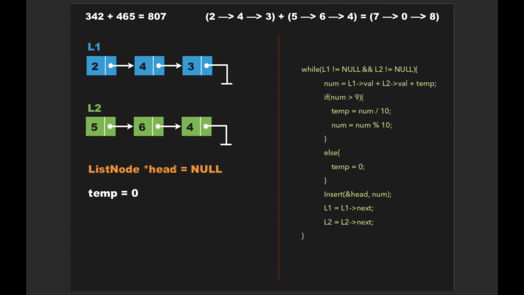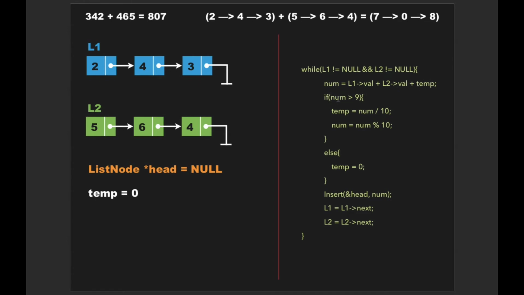We need to declare a head pointer to null where we store the resulting linked list, and we also need to declare an integer variable temp as 0. So the algorithm is as follows. While the head pointers of both the linked lists, that is L1 and L2, are not equal to null, we declare an integer value num which stores the value of L1 plus value of L2 plus temp.